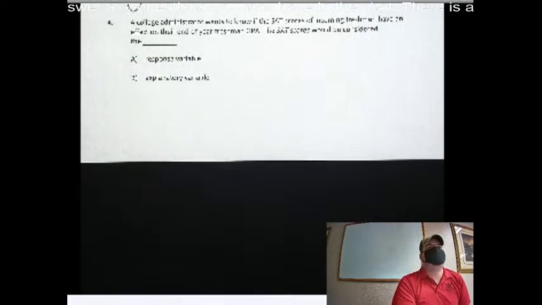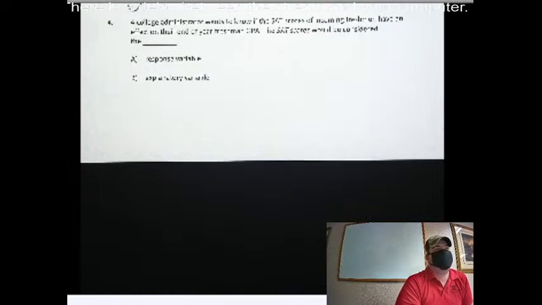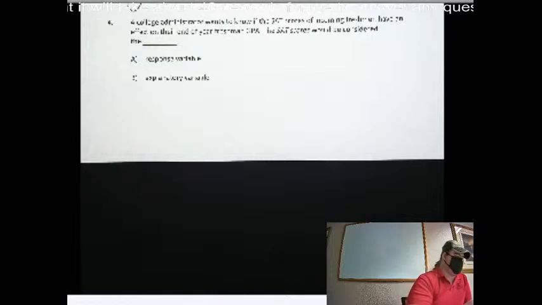Next one, a college administrator wants to know if the SAT scores of incoming freshmen have an effect on the end of year freshman GPA. The SAT scores would be considered what? The response variable or the explanatory variable? Good, yeah, that'd be the explanatory variable.